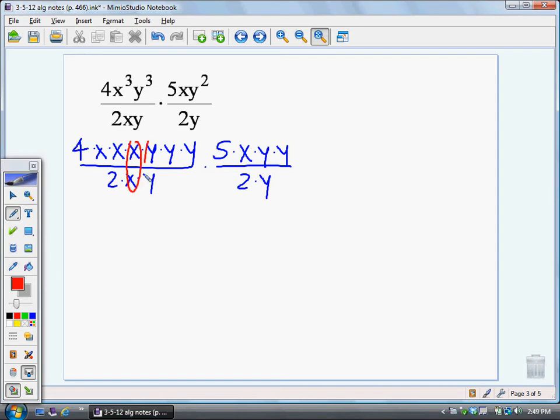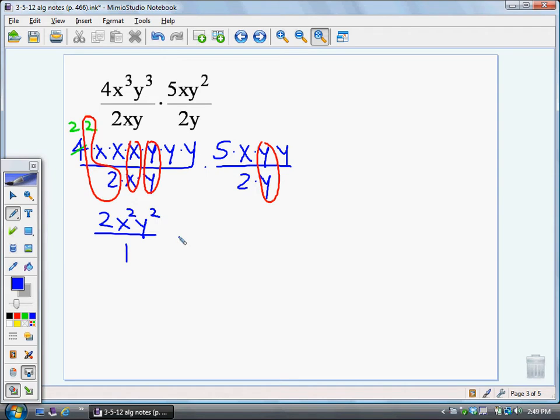Okay, that's a 1, that's a 1. 4 becomes 2 times 2, and so that's a 1. Over here, that's a 1. And so on this first fraction, my numerator would be 2x squared y squared over 1.